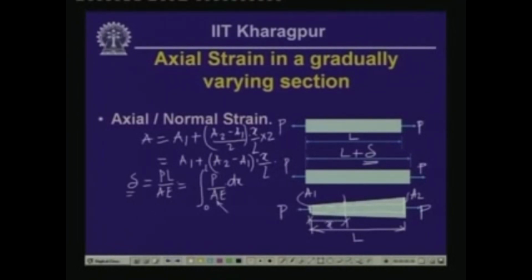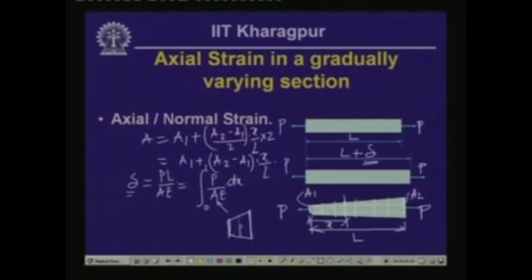Also, sometimes we can compute the extension by dividing the whole of the bar into a number of segments, and if we consider one of such segments, now on an average, say this is area A1, this is area A1 dashed.